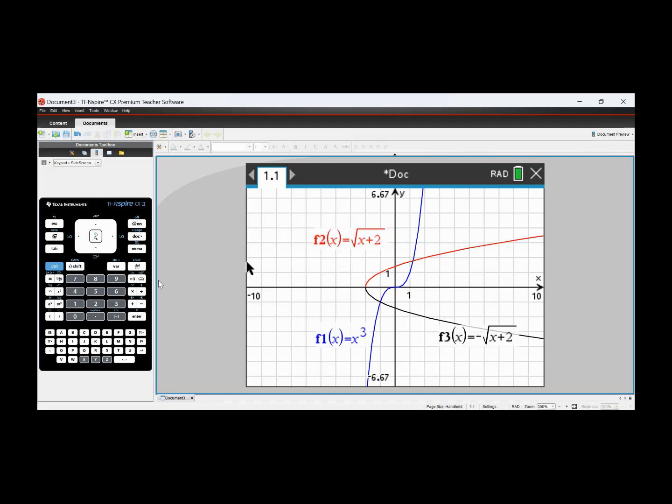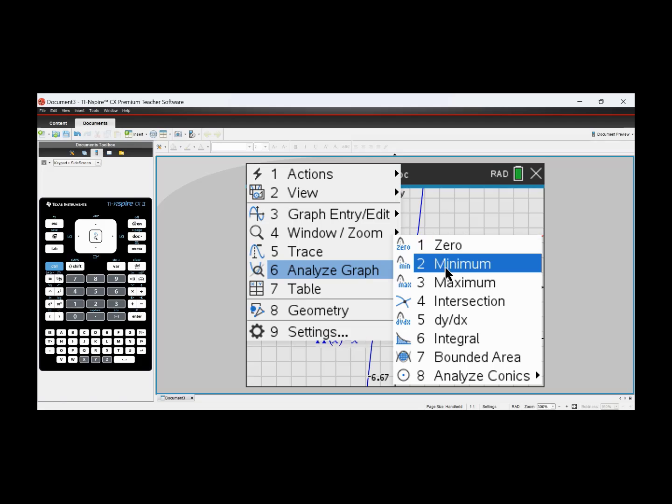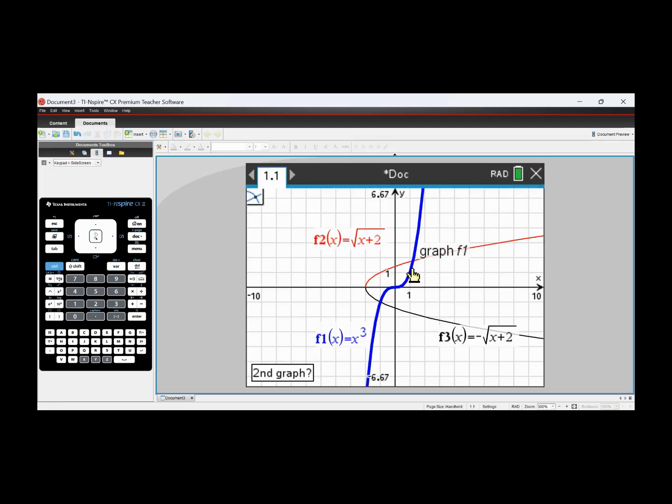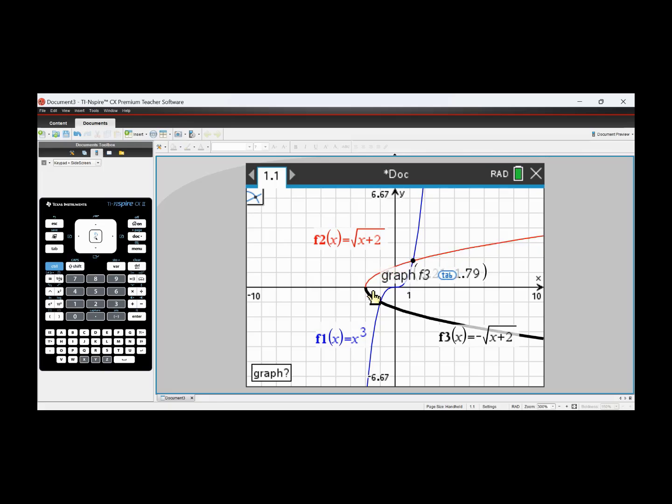I'm going to find the points of intersection. We have to tell it which graphs we're finding the intersections of. Now we'll do it for the other pair down here, and there we go.